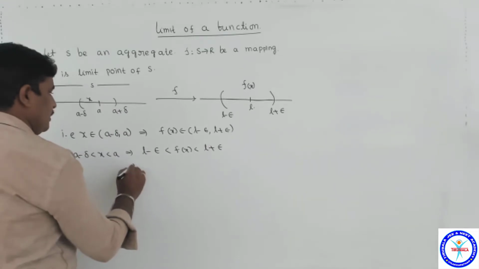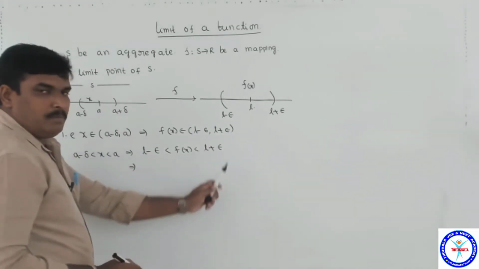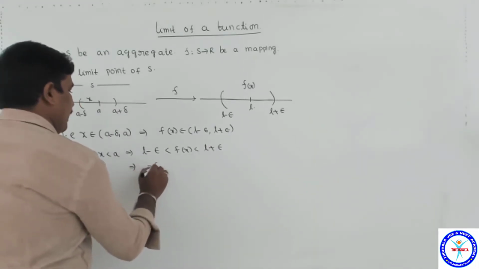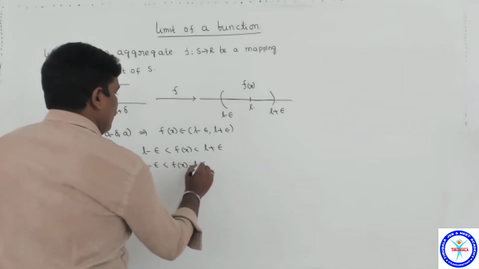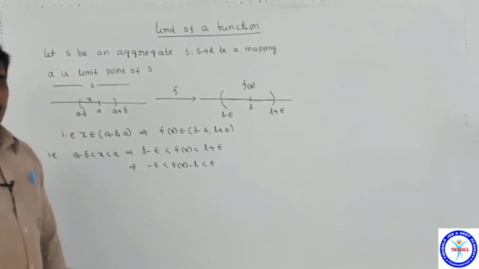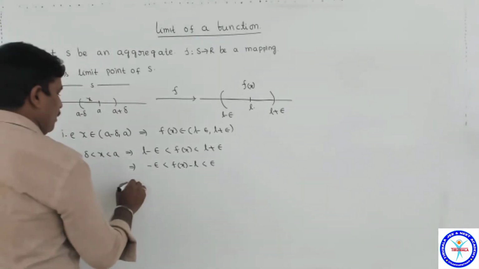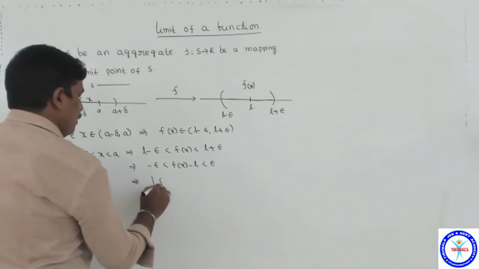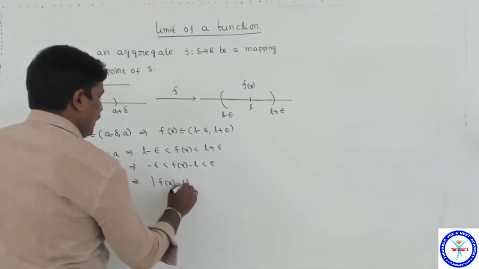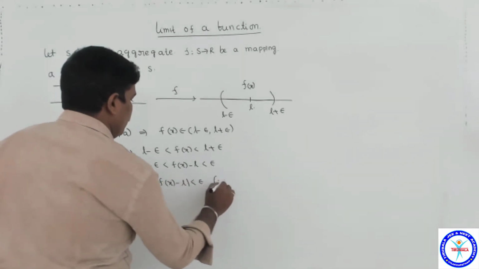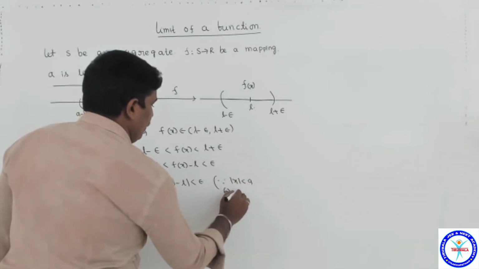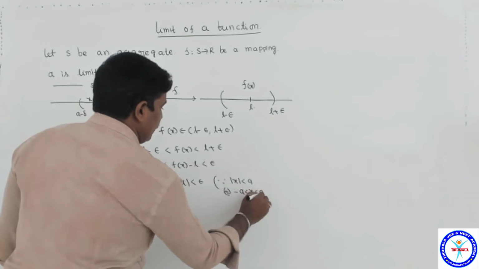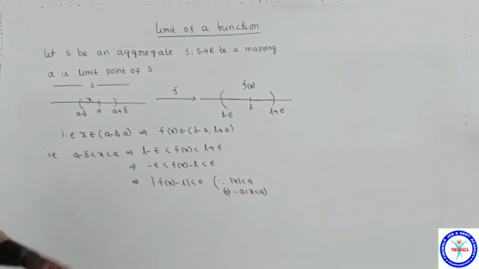Now subtracting L from all sides, we get minus epsilon less than f of x minus L less than epsilon. So by the wavy curve method, modulus of f of x minus L is less than epsilon. This is the interval notation form.